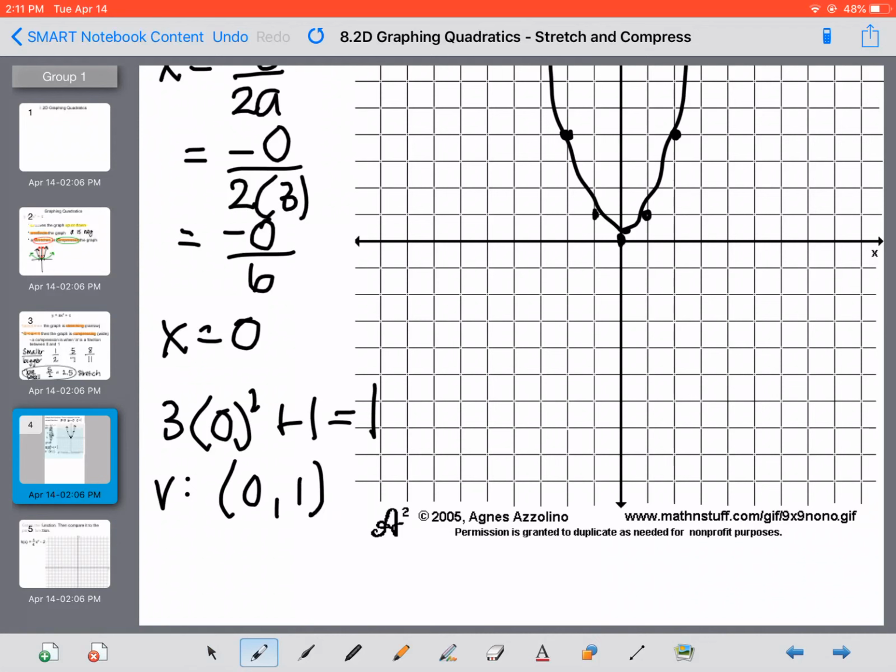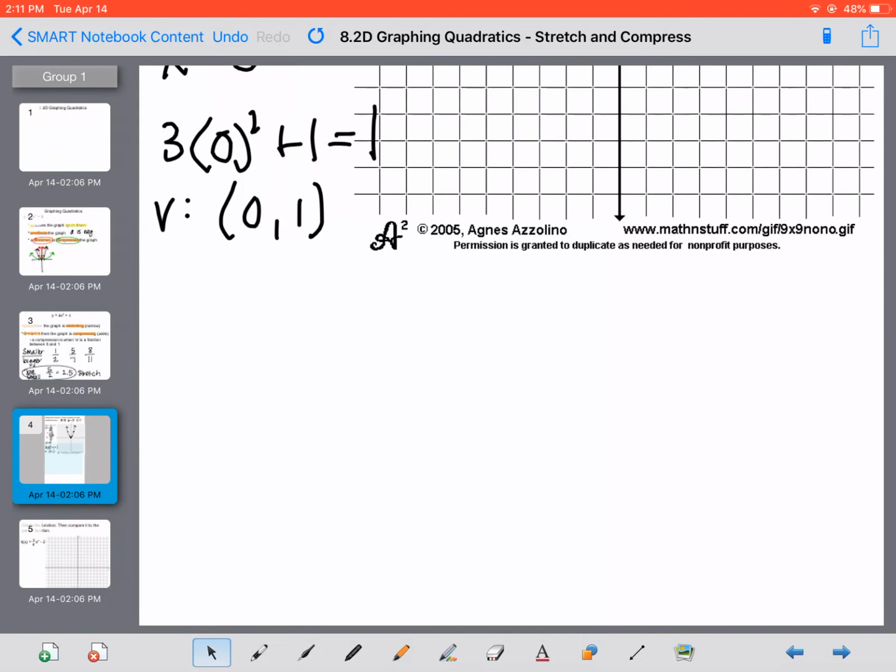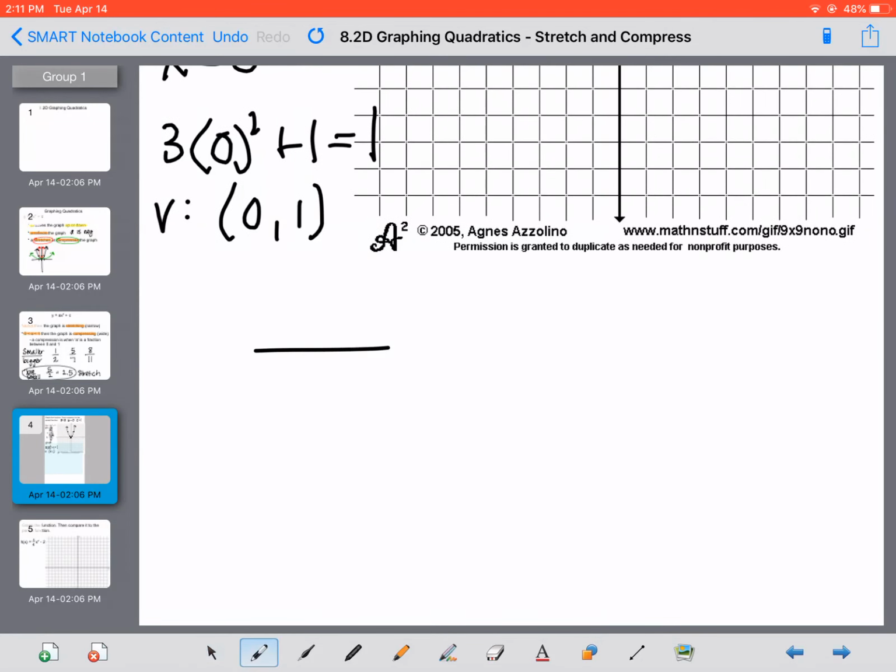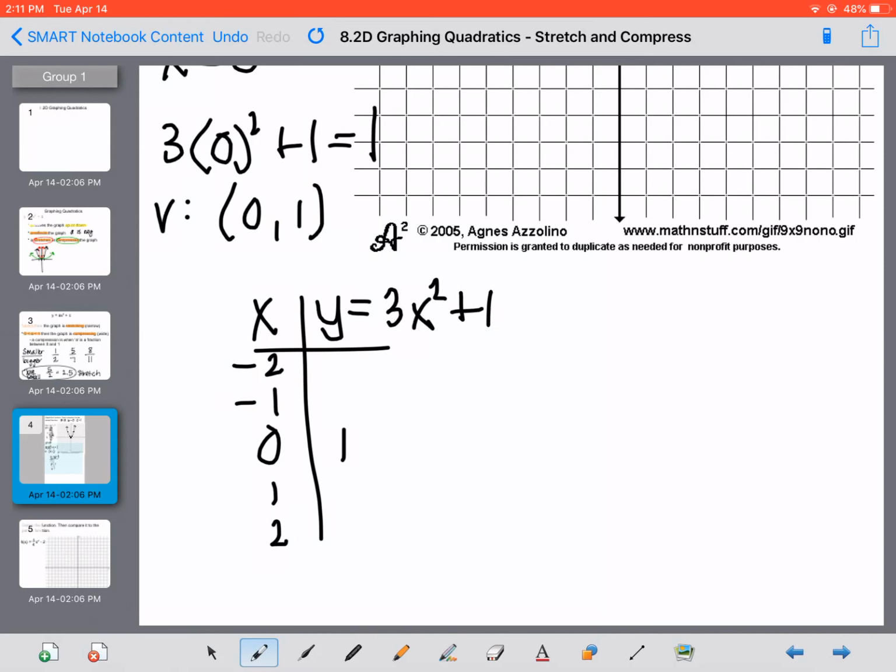Okay, so then what you want to do is plug that into a table. If (0, 1) is my vertex, then I want to go 2 below 0 and 2 above 0. So 2 below would be the numbers negative 1 and negative 2, and 2 above would be 1 and 2. We're going to use those x values and plug those numbers into our equation, because remember, we have y is 3x squared plus 1.